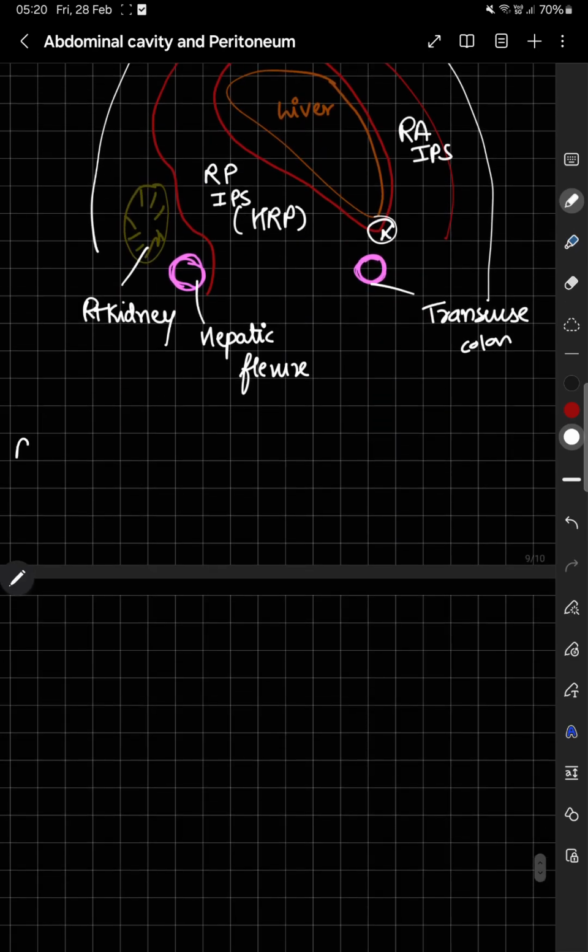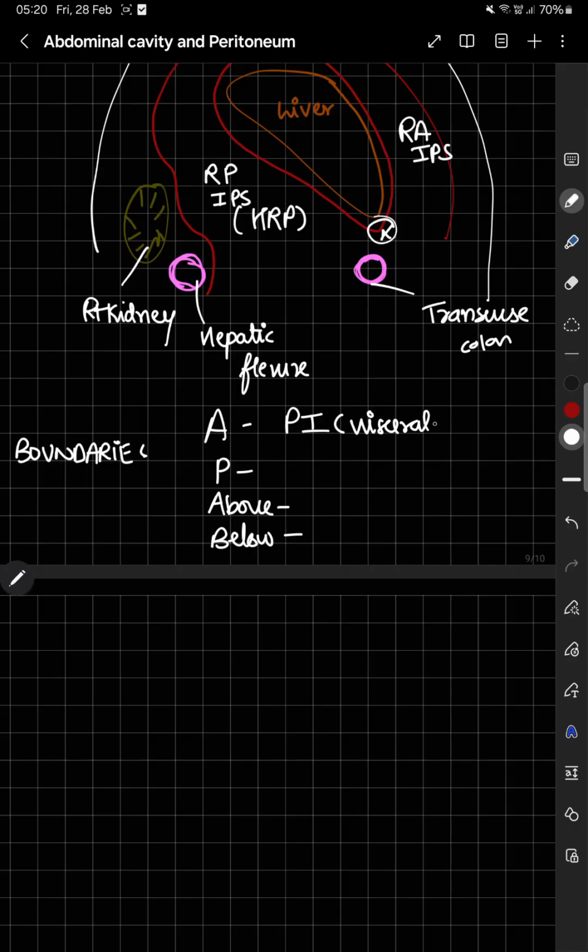So first thing we'll be discussing about the boundaries since we have a diagram done. We'll be discussing the anterior, posterior, above and below. So anterior to this we'll definitely have the posterior inferior, the visceral surface of liver. Posteriorly we have the peritoneum covering the upper pole of kidney and diaphragm.